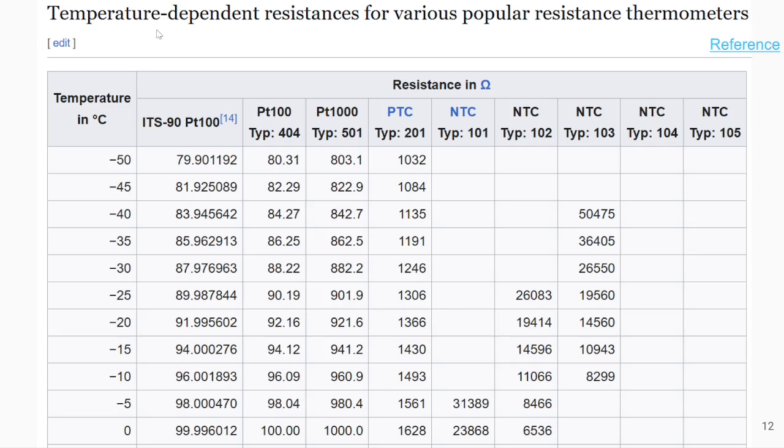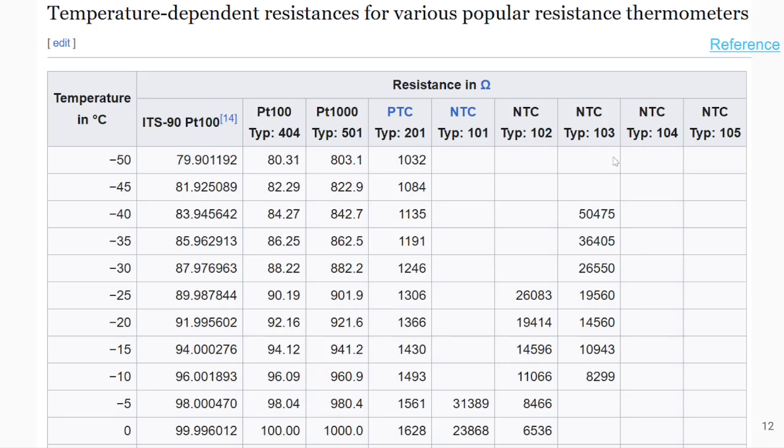And this is the temperature dependent resistance for various popular resistance thermometers or RTDs. This is the respective model number of the RTD, and their resistance is in ohms, as you can see here, at different temperatures. So minus 50 is 79.9 for this RTD sensor, 80.31 for this PT100, PT1000, 803, and so on and so forth.